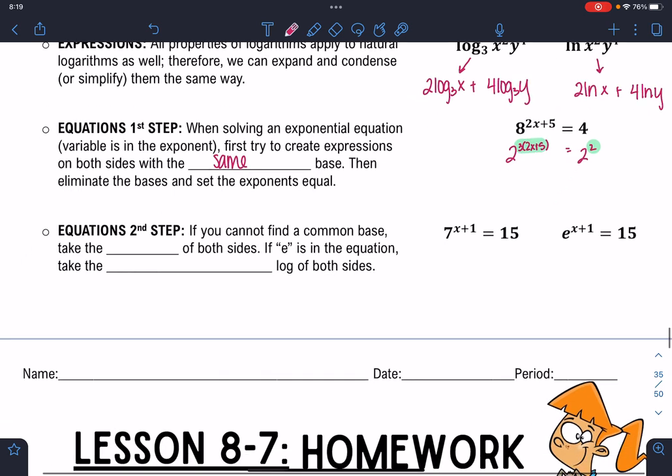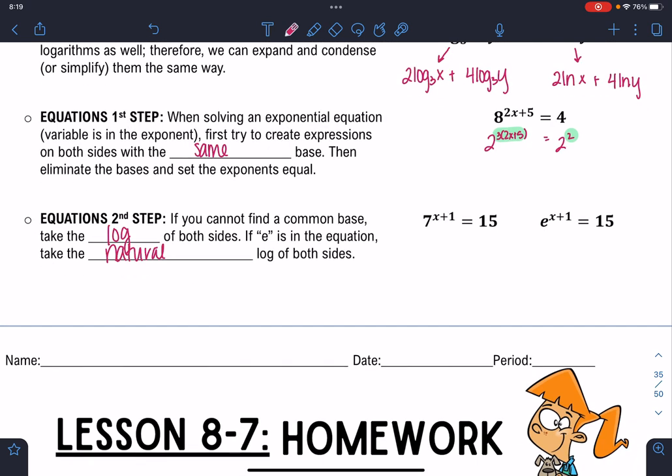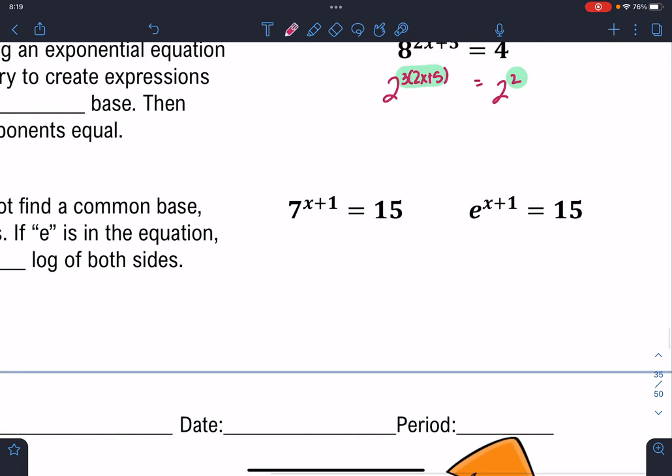If you do not have the same base, then you need to take the log of both sides. If e is involved in your equation, then you're taking the natural log of both sides, right? So for this first example, I have a base of 7. So we talked about how you can take log base 7 of 7 to the x plus 1, but because of our calculators, we're just going to take the log, just regular log, so base 10, of both sides, and continue solving there.